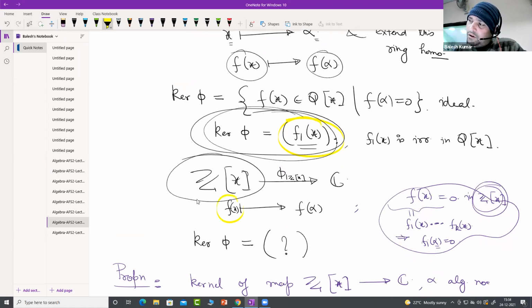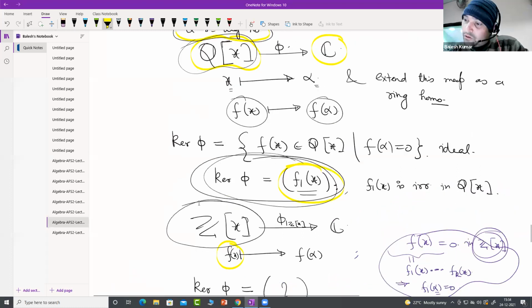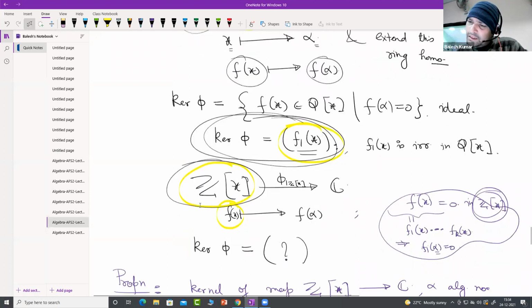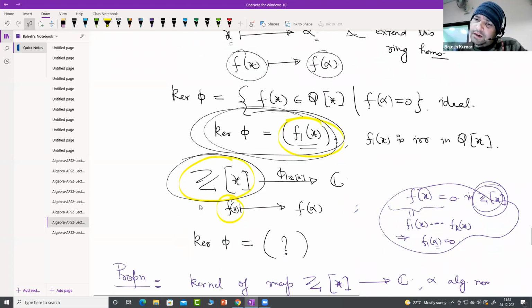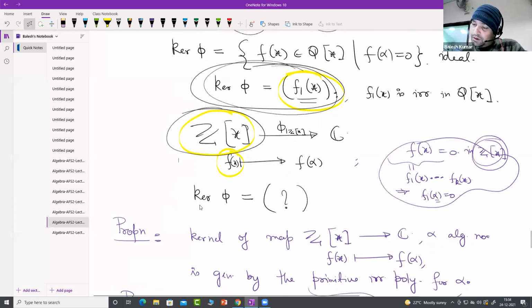Because alpha is a root of an integer polynomial, we can restrict our map from Q of x to Z of x, and this is again a ring homomorphism. The question is what the kernel will be, because here Z of x is not a principal ideal domain.